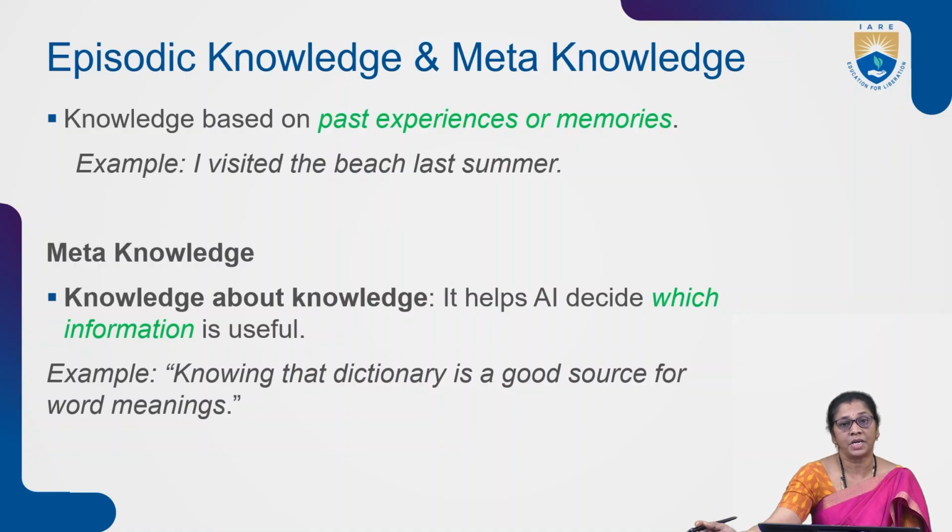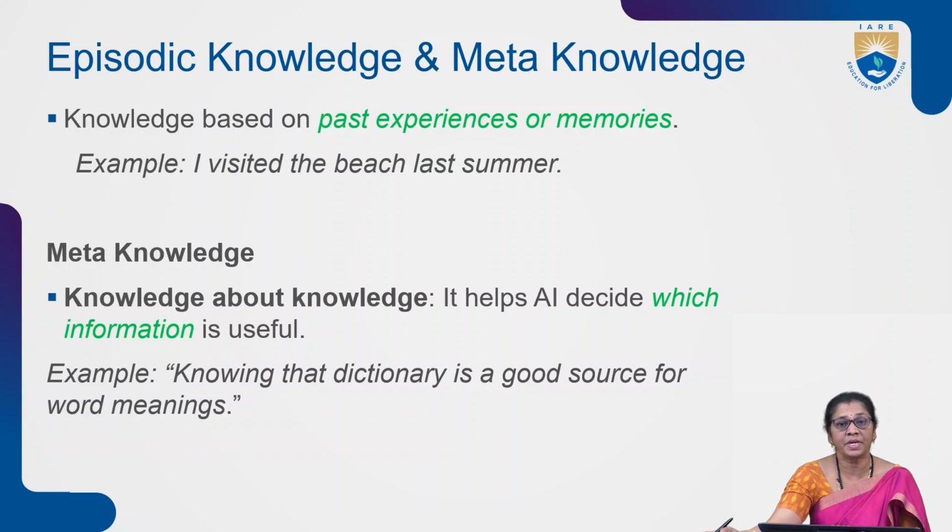Next is meta knowledge. Meta knowledge, as I said, is knowledge about knowledge. It helps AI decide which information is useful, because meta knowledge has a knowledge of all other knowledges like declarative knowledge, procedural knowledge, heuristic knowledge, etc. So it is the meta knowledge which has to decide which knowledge to use.